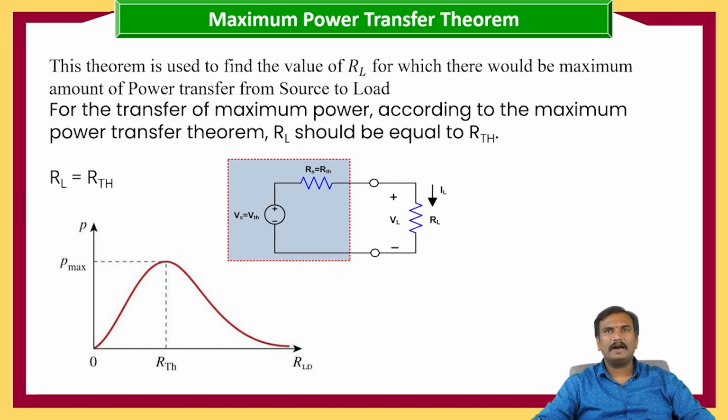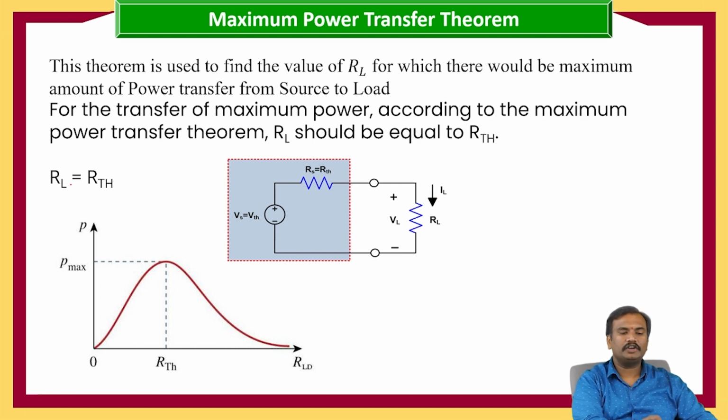For the transfer of maximum power, according to the maximum power transfer theorem, RL should be equal to RTH. If we take a Thevenin equivalent circuit along with the load resistance, when the load resistance is equal to the Thevenin resistance or source resistance, then the maximum power will be transferred to the load.